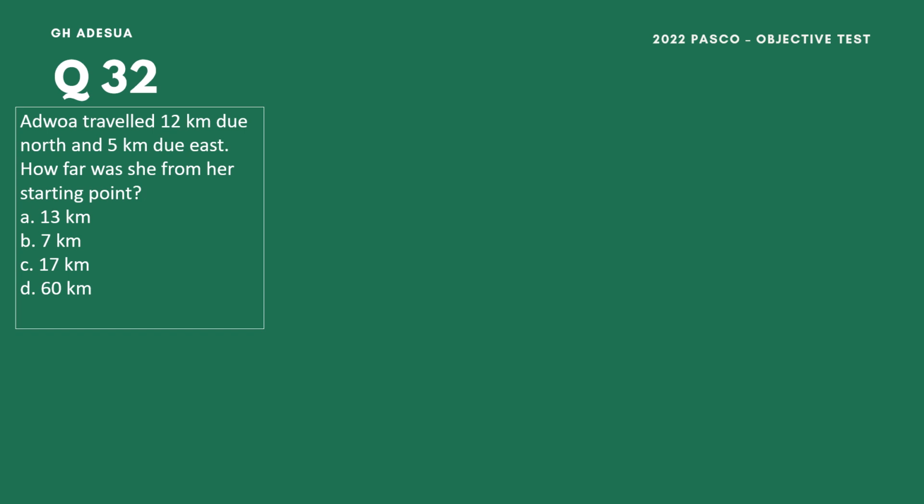From this, we realize that Aja's movement is more or less like a right angled triangle, moving due north and then due east. So vertically she moved 12 km and 5 km horizontally.